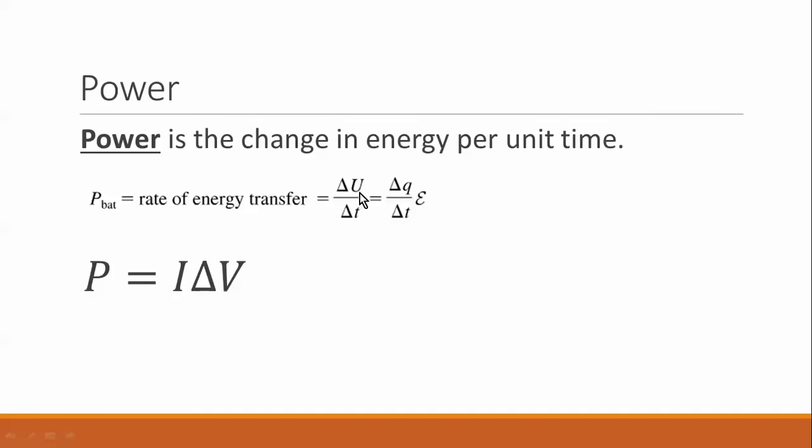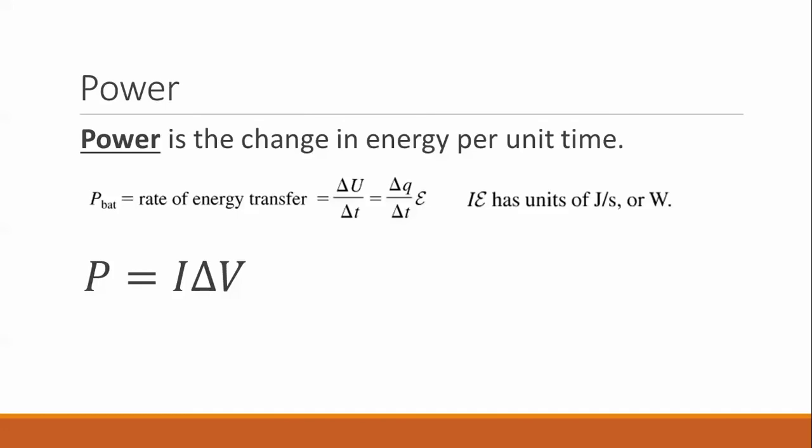And if you remember, the change in electric energy is equal to Q times V. Q times V can also be written as delta Q times E, because EMF is the change in potential, and that Q over t is the same as current. So from this, we get to the power of a circuit equals the current times the change in potential.